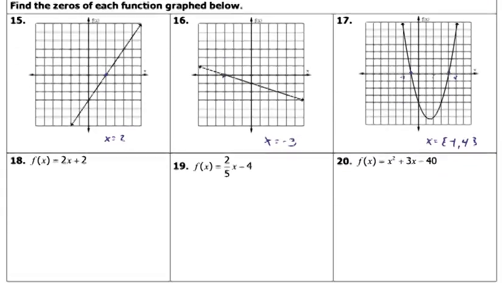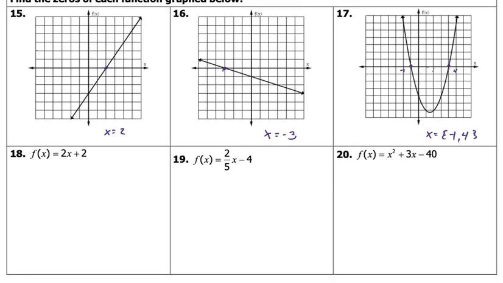What if we've been given an equation? f(x) equals 2x plus 2. Remember, we are looking for where it crosses the x-axis, right? And when that happens, the y is always 0. Remember, y is the same thing as f(x). So instead of f(x), I'm going to write 0 equals 2x plus 2, and I'm going to solve my equation.